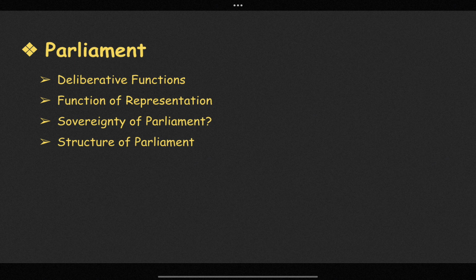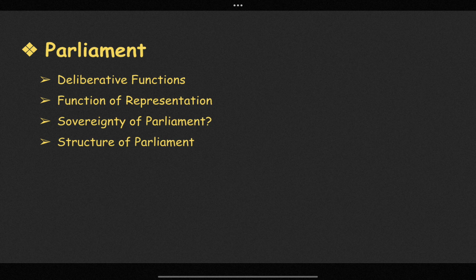Now there is an important question which comes to our mind: is the Parliament a sovereign body? So let us discuss it also. Although in the composition of the Parliament, India has followed the British model or pattern, the Indian Parliament is not sovereign like the British Parliament. The Constitution has created all three organs of the government, including the Parliament.